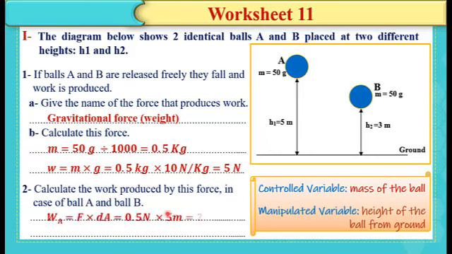So work done by A will be equal to force of weight multiplied by the distance, which is 5 meters, so will be equal to 2.5 joules. While that of B, it will be force multiplied by the distance of B, which is 3 meters here, so the work done will be 1.5 joules.